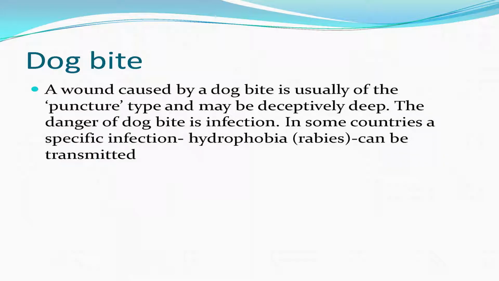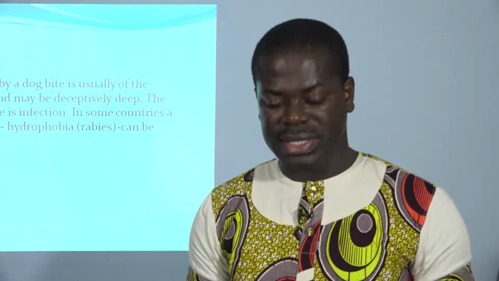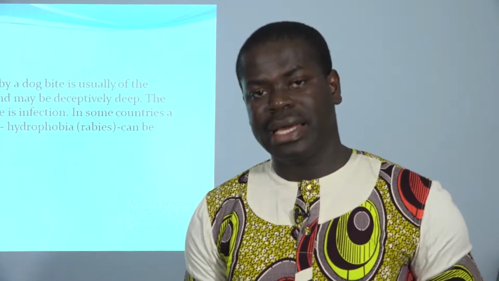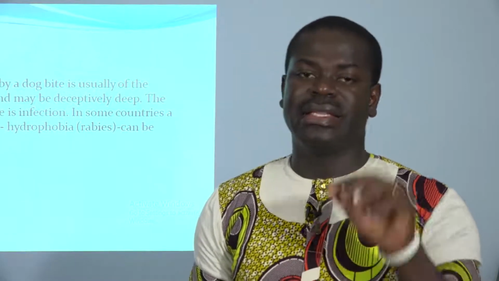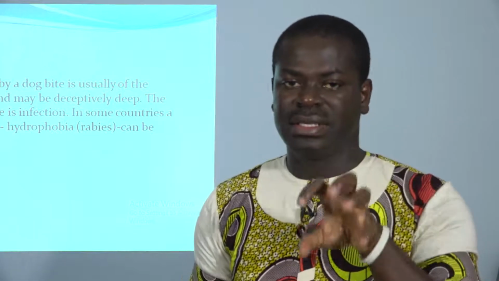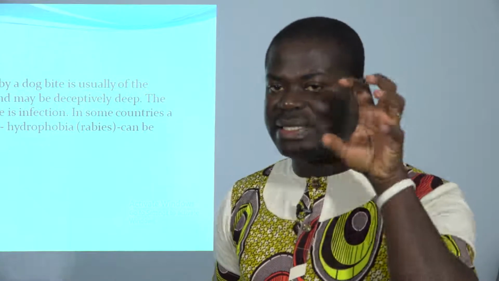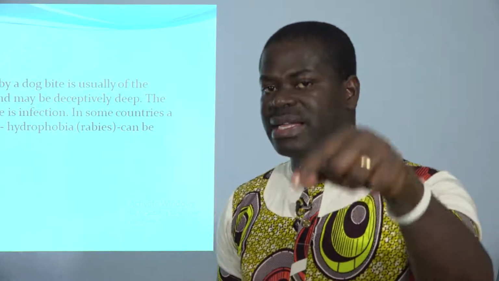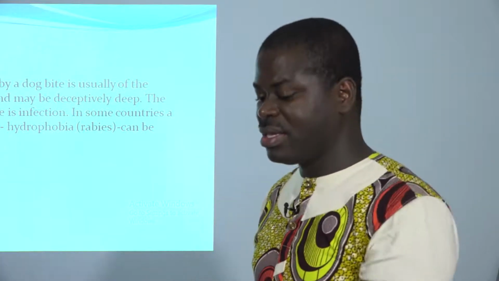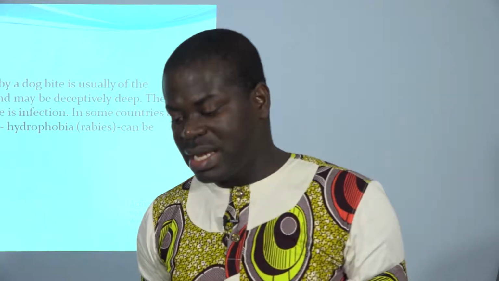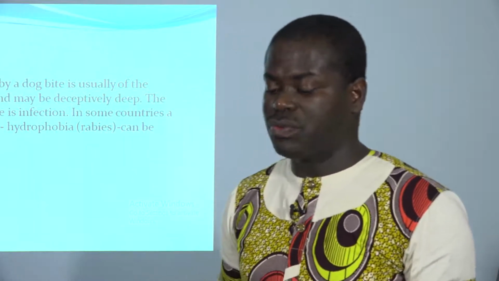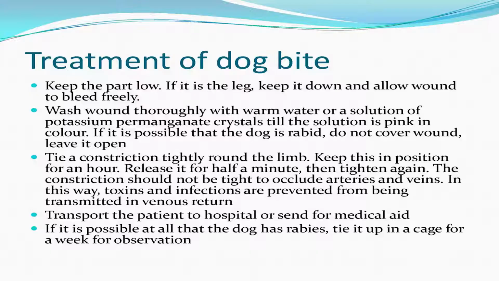So when you look on the outside, you could see only the teeth, the opening that the teeth left on the skin. That is the only thing that you will see. But inside, the teeth went deeper, and so that is the nature of a punctured wound so far as a dog bite is concerned.